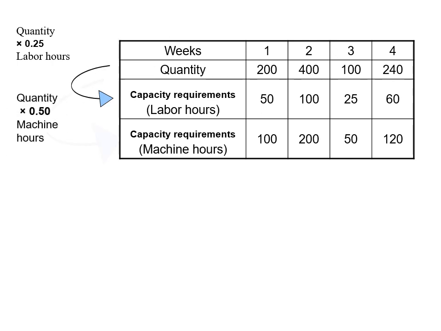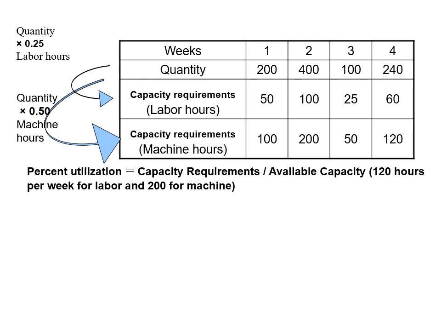Capacity requirement for machine, the quantity in each week, we multiply each week quantity by 0.50 to see what is the requirement from machine capacity. We need for first week 100, and for second 200, and the third 50, and fourth 120.